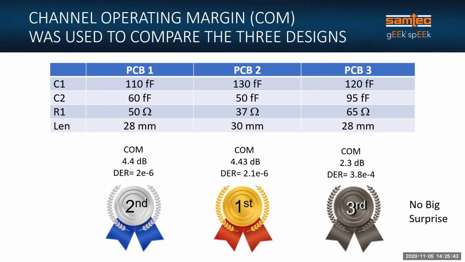The other one is 2.6e-6. The one on the right comes in a far third, and these are the parameters that are used. I think I have that in another slide, what the PCB1 parameters mean in terms of C1, C2, R1 and length. But this is no big surprise. So, next slide.